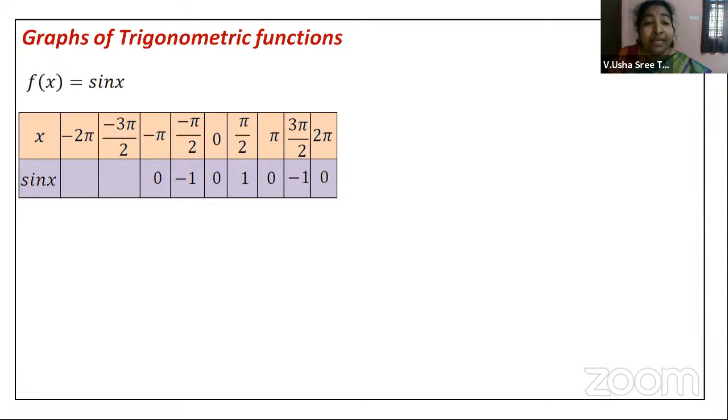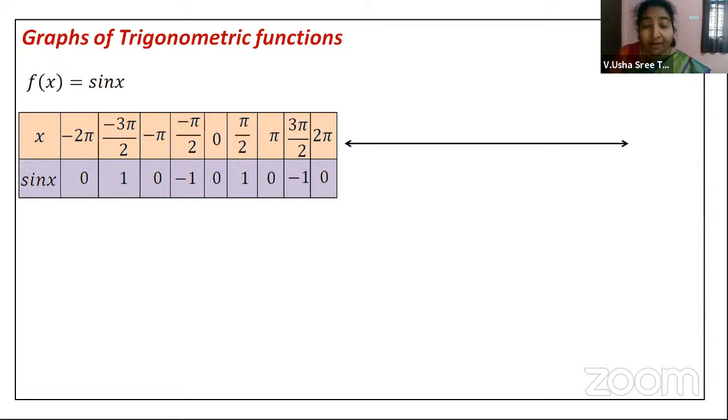Then sine of minus 3 pi by 2, that is minus 270 degrees. So sine of minus 270 is minus sine 270. Then minus of minus gives you plus 1 over here. Then we have sine of minus 360 is minus sine 360. Sine 360 is 0, so minus 0 is 0 again, right?